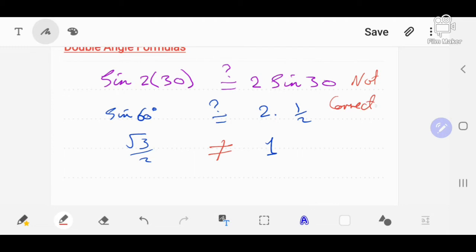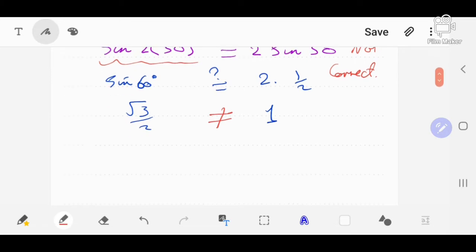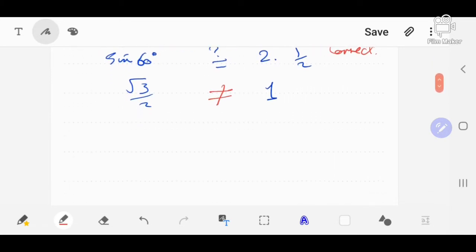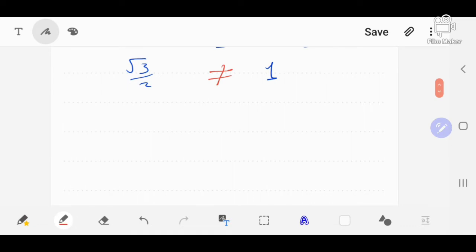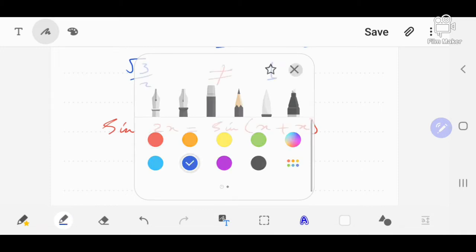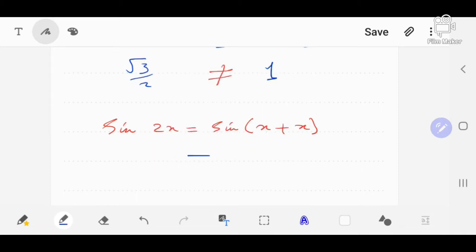So what you said here is not correct. So how would I evaluate sine 2 times 30 since it's not 2 times sine 30? Well, as we said in the previous section, we know that sine 2x is the same as sine x plus x, sum between angles. If you apply the formula of sine x plus x, what will you get?